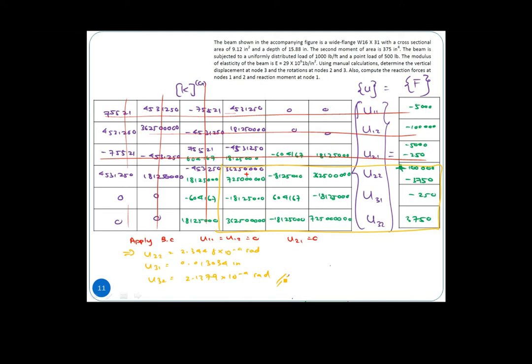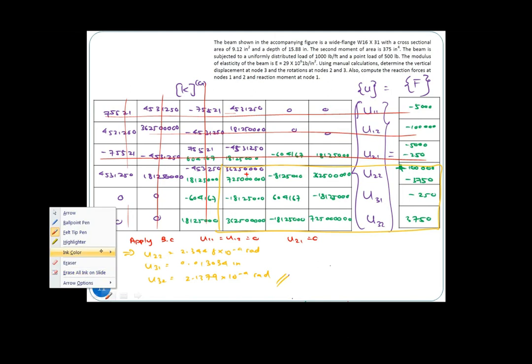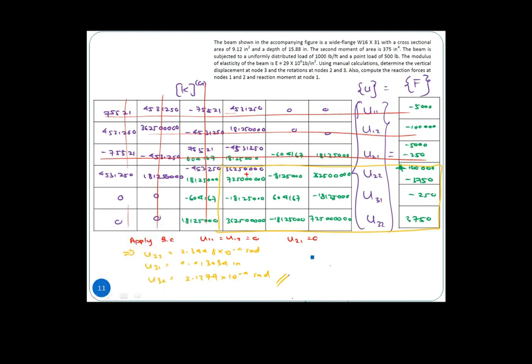So if you want to compute the reaction force, of course, like what we mentioned just now, you have to use reaction force R equals K global multiplied with U minus F global, right? This is a 6 times 1 matrix, this is a 6 times 6 matrix, then 6 times 1, 6 times 1.